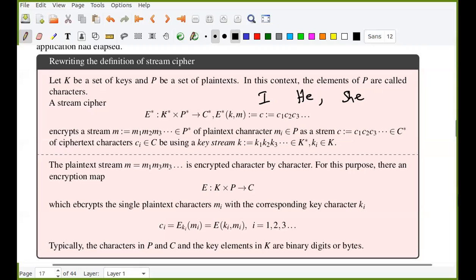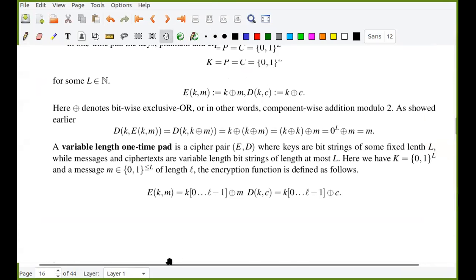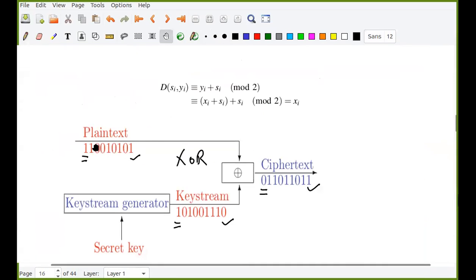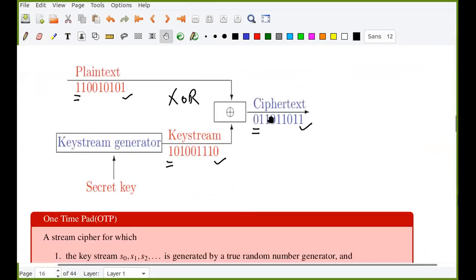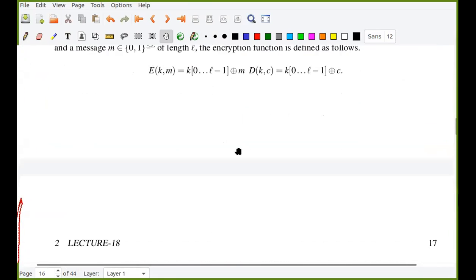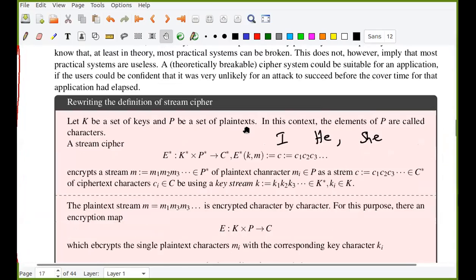So your message will have some length that we don't know, depending on the context. So the plain text has some length, the key length also needs to be the same, and the ciphertext is also of the same size.